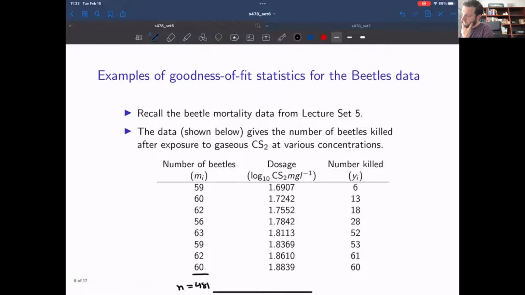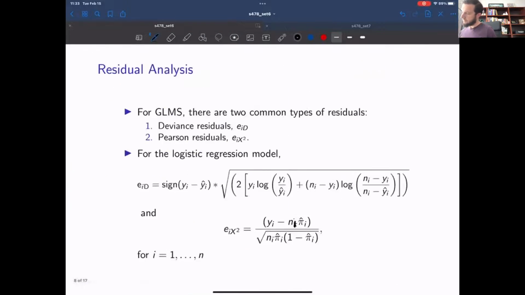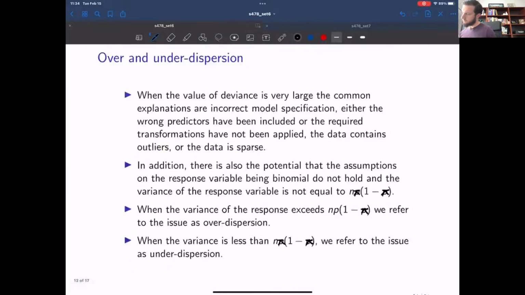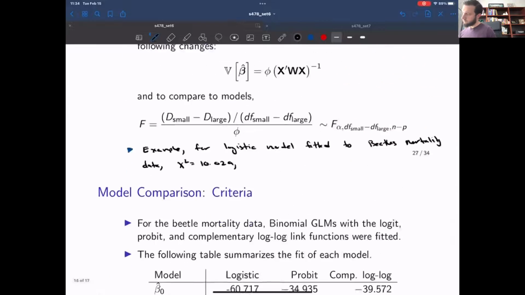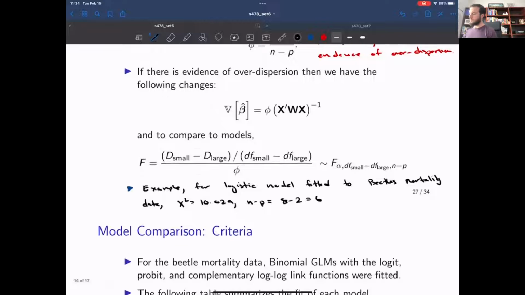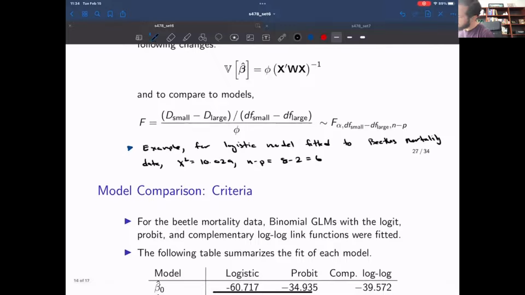One, 2, 3, 4, 5, 6, 7, 8. Okay. So we have 10.029 divided by 6. 1.6715. Not bad.